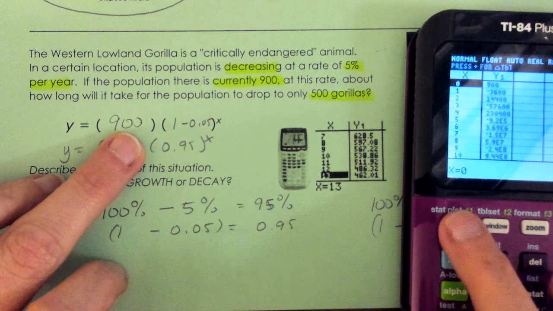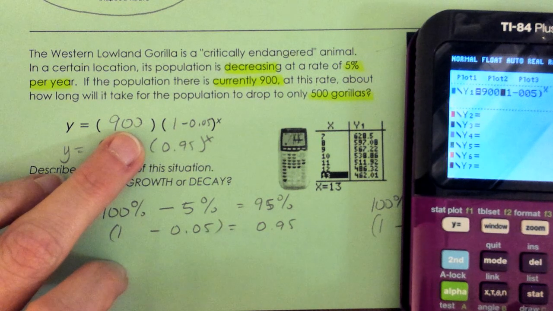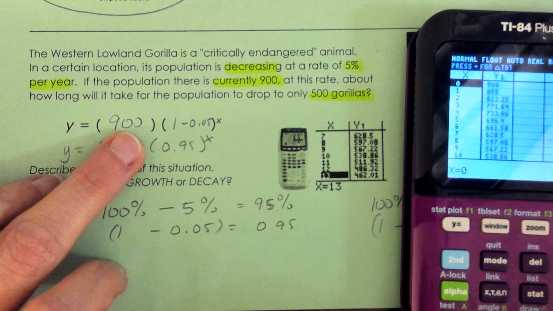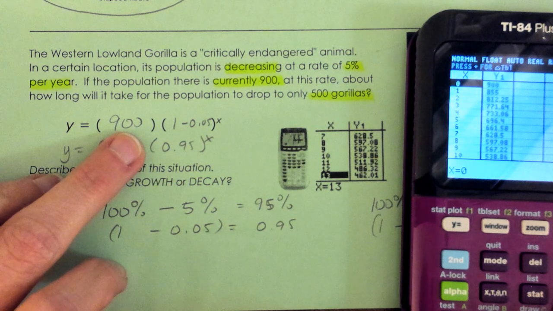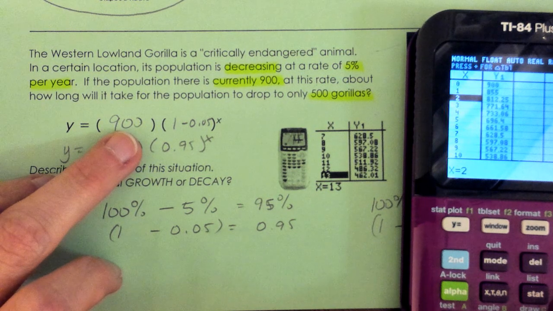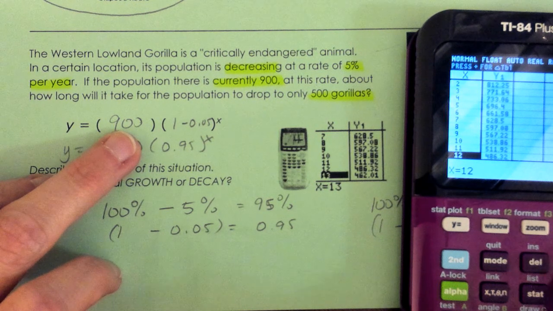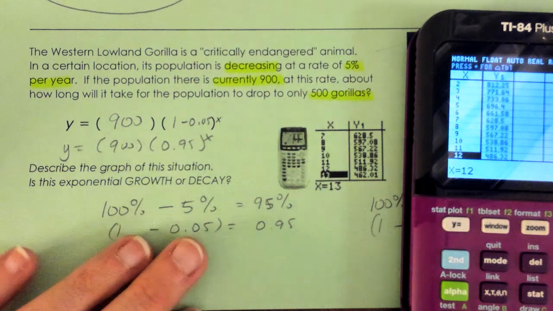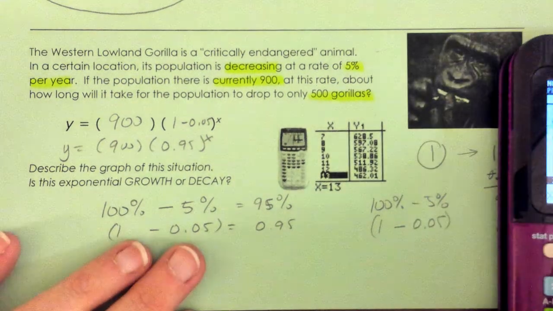All right. Did I put plus? I put 0.05 to the x. Now if I look at the table, I start off with 900, then 855. It says, when will I have about 500 gorillas? Well, it looks like I have over 500 at 11.